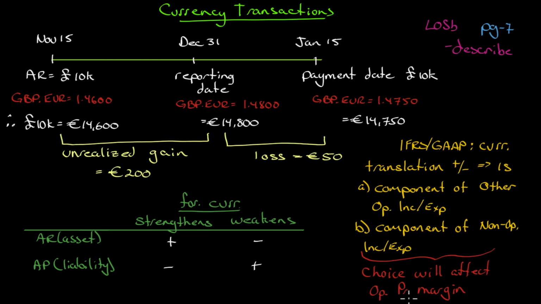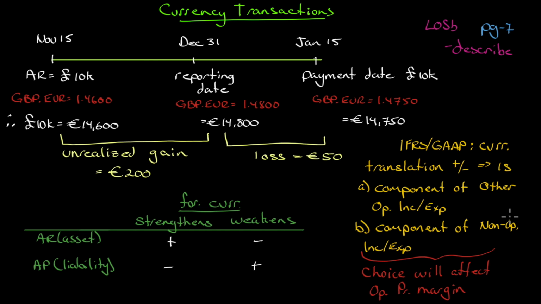The choice will affect the operating profit margin, and IFRS and GAAP say put it wherever you want. They have no rule of where to put it. So they're going to break the rule. The unrealized gain is going to go to the income statement, but they're not going to be clear about which side you could put it on, either operating or non-operating. So as the analyst, you're saying, oh, come on, man. All right, well, let me get my hands dirty.